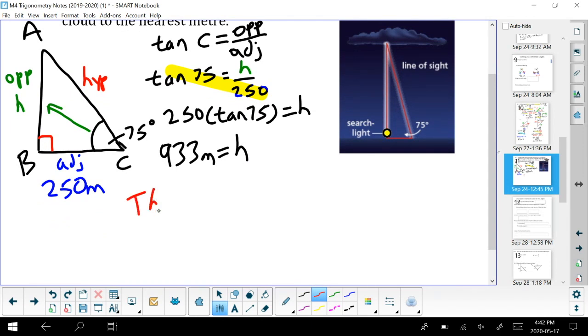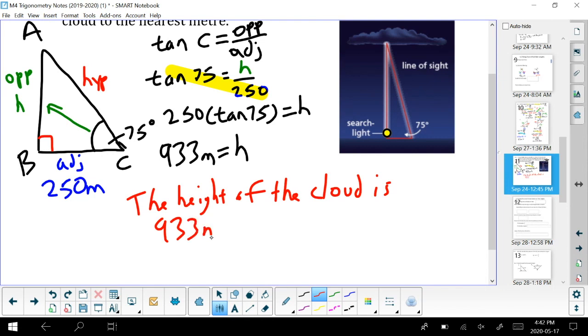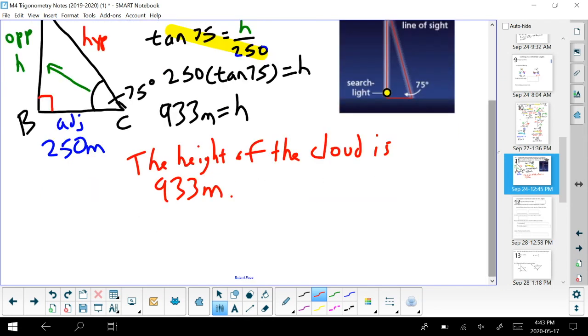So the height of the cloud is 933 meters.